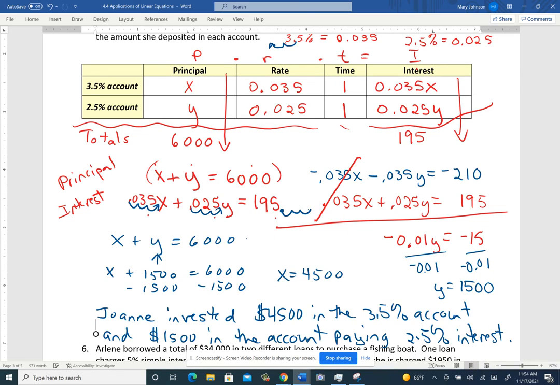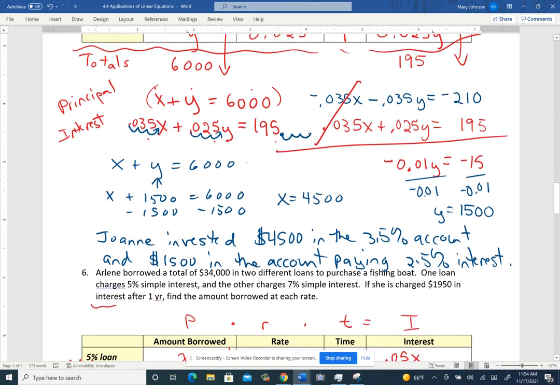Okay, something like that. And they may just have a spot for you to put in the 4,500 and the 1,500 in the appropriate spots. Okay. All right, so let's check on number 6.